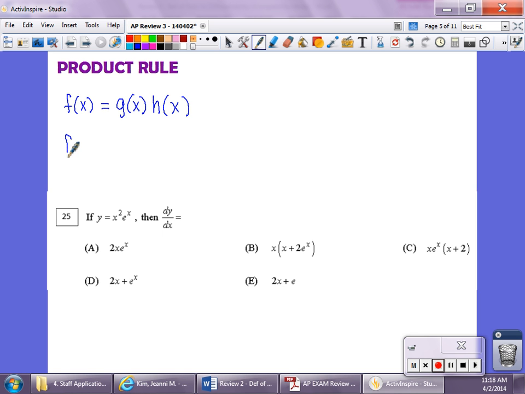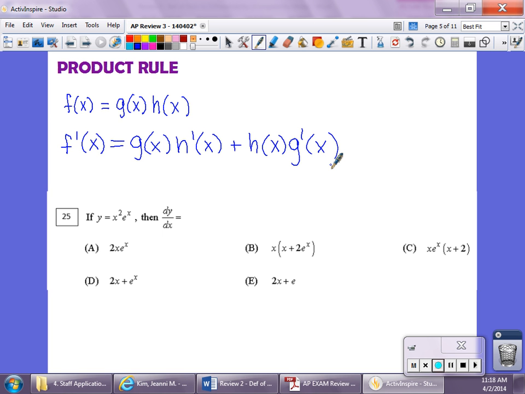Product rule says that if I want to take its derivative, take the first function, multiply by the derivative of the second, plus second function, multiply by the derivative of the first function. Doesn't matter the order. You can switch the two products around, or within a product, you can switch that order. Therefore, in your packet, number 25, you can try that one.